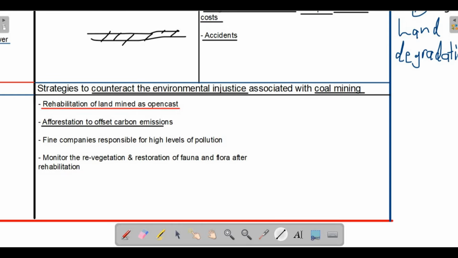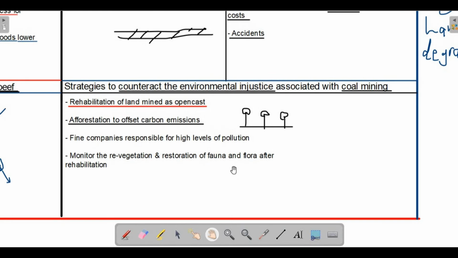There should be afforestation as well. So afforestation, that is planting of trees. Remember, guys, coal mining contributes to air pollution. It contributes to global warming, as it releases carbon dioxide, which is a greenhouse gas. And so what can a mining company do to try and offset these carbon emissions that it is responsible for?